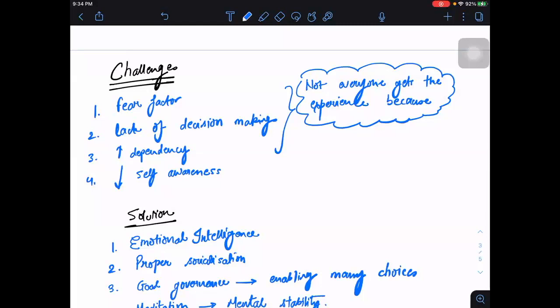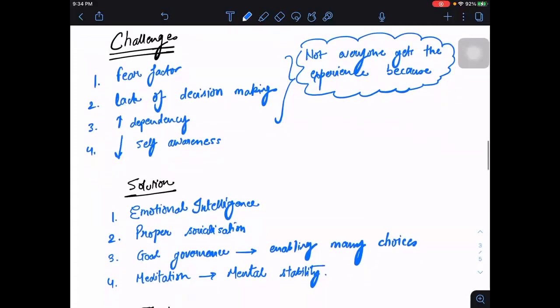And similarly the solution. So if you are proposing ethical challenges, then you should propose ethical solution as well, right? So what kind of solution should be there? You as an individual should be emotionally intelligent. Proper socialization of an individual, of a person, should be there. What does socialization mean?